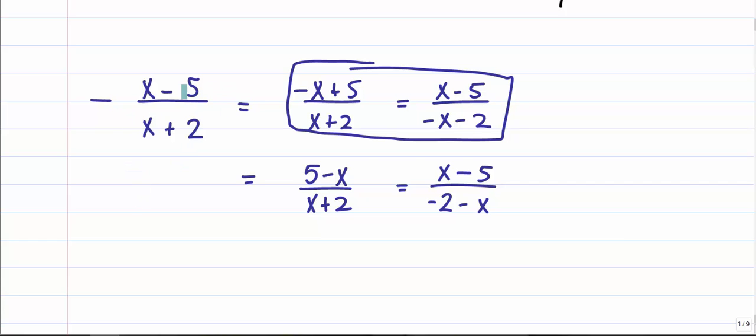Also, you could do negative 5 plus x, leaving the negative sign in front. But you definitely want to do the 2 options where you either distribute the negative to the top or distribute the negative to the bottom. So definitely do those 2. And then from there, your options are just switching the order in the top and or bottom. So that's what you're going to do. And then you'll have your homework done.